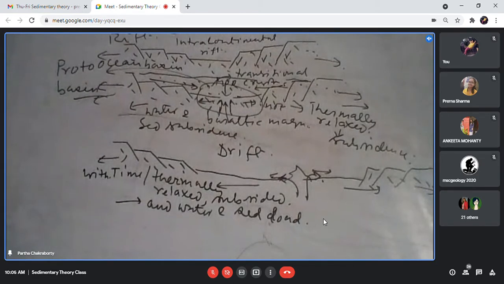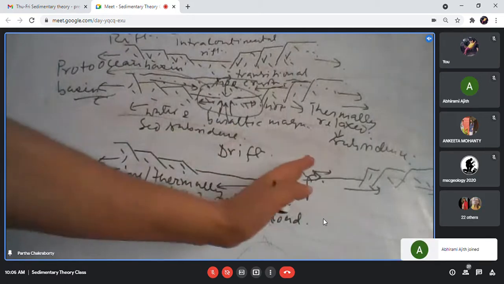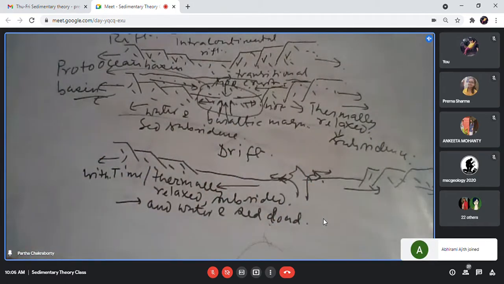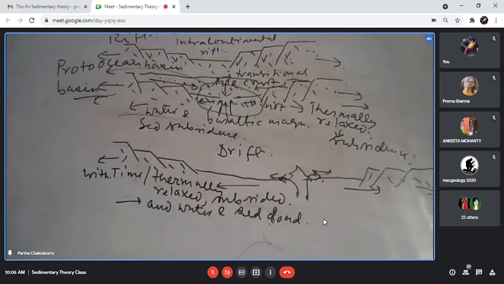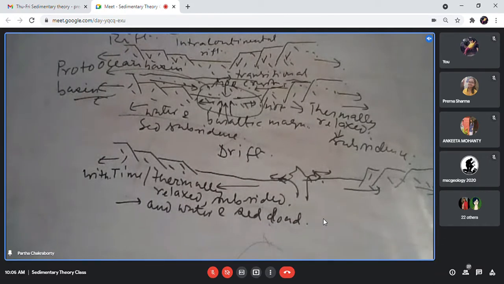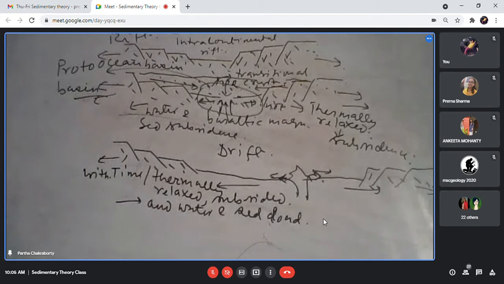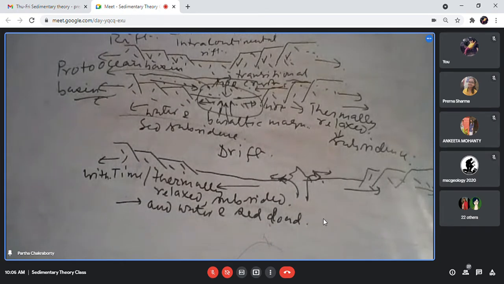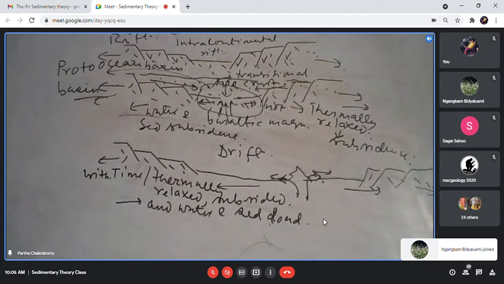When it goes away from the active spreading center, with time the crust becomes cool and subsides, and then it adds more load of sediment and water and further subsides. This is the drift stage.